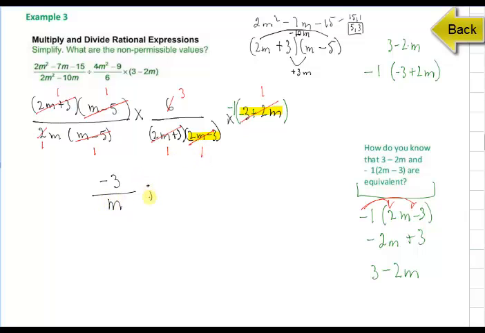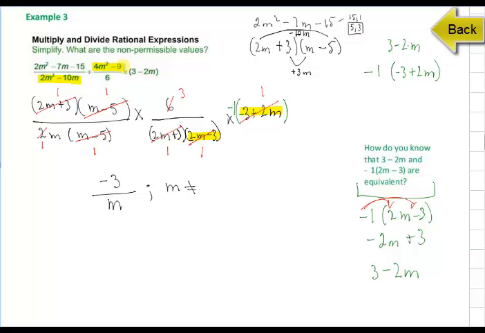Okay, and now I want to list my non-permissible values. Okay, so I have this denominator that I need to consider, and because I had to multiply the reciprocal on the middle term, I have to consider this numerator, and that's it, right?